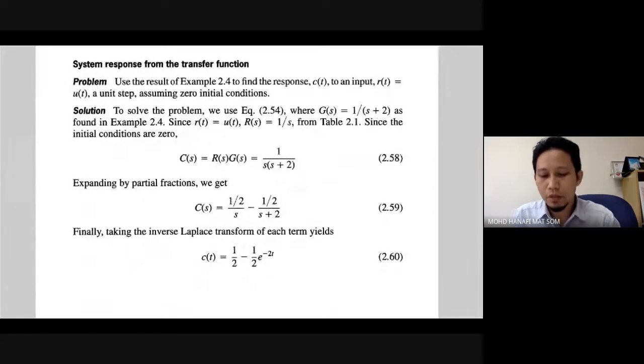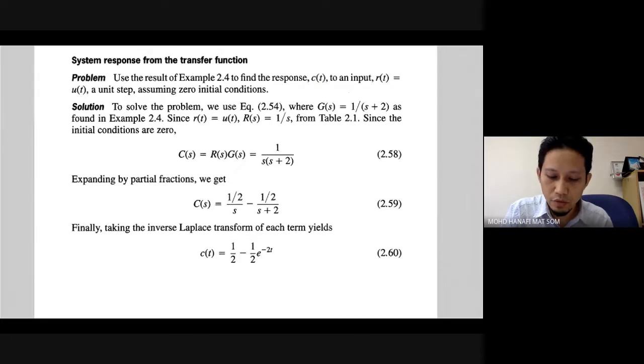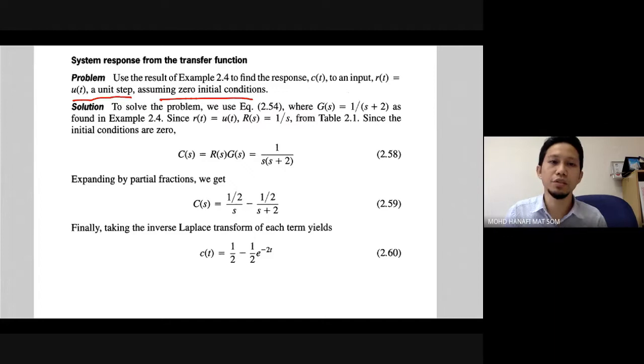Another problem. Use the result of example 2.4 to find the response c(t) to an input r(t) unit step, assuming zero initial conditions. To solve the problem, we take the previous example.